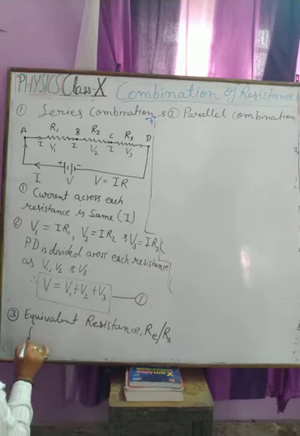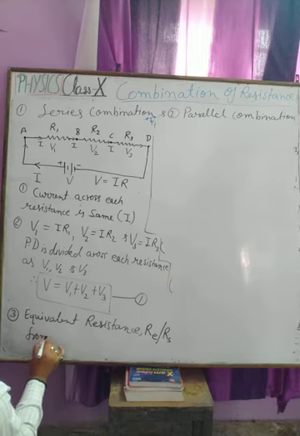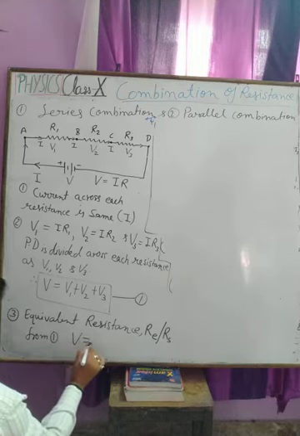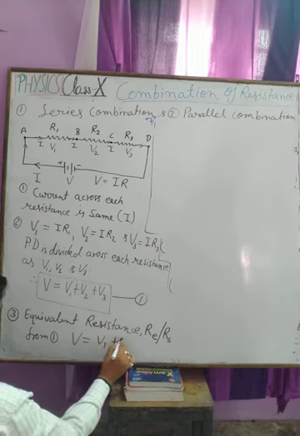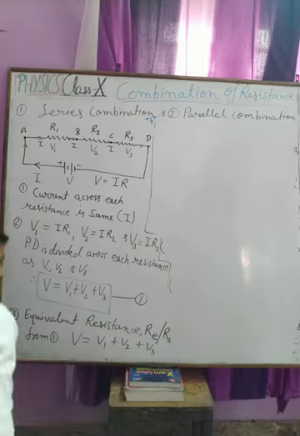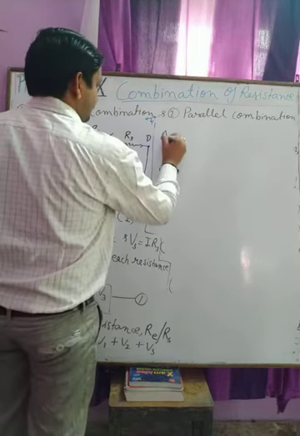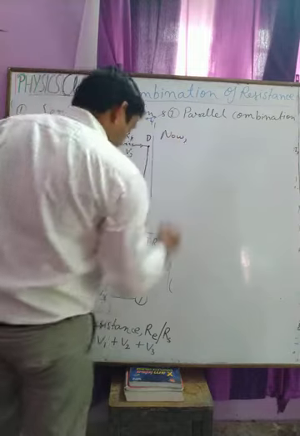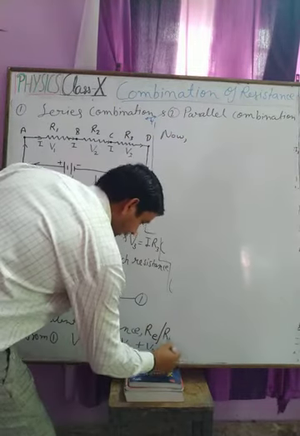From equation first, we have V is equal to V1 plus V2 plus V3. Okay student? Now this is your equation second.